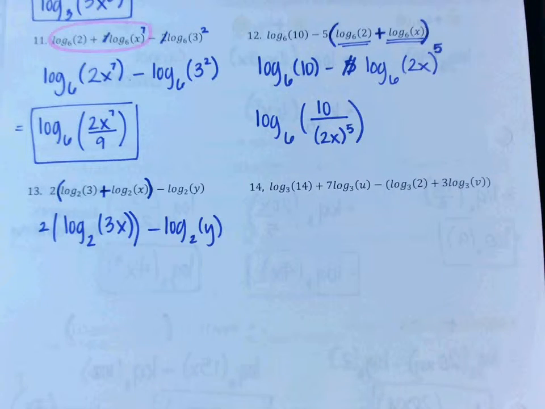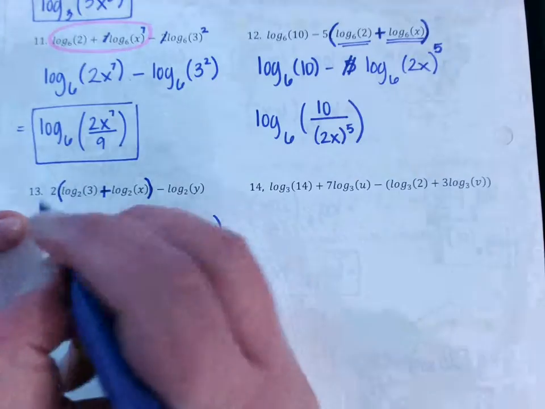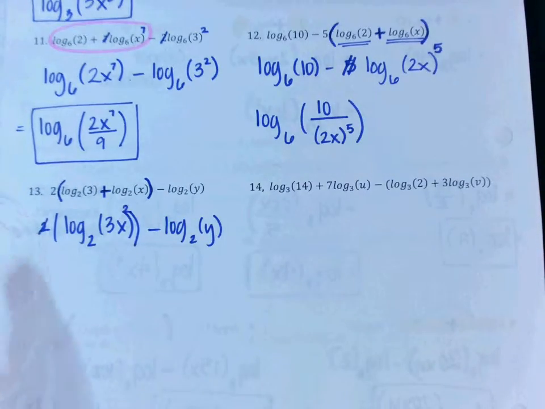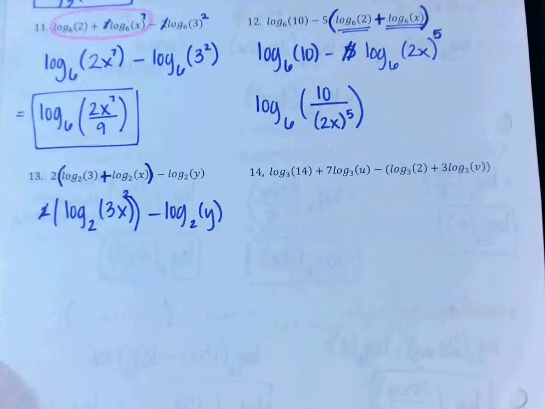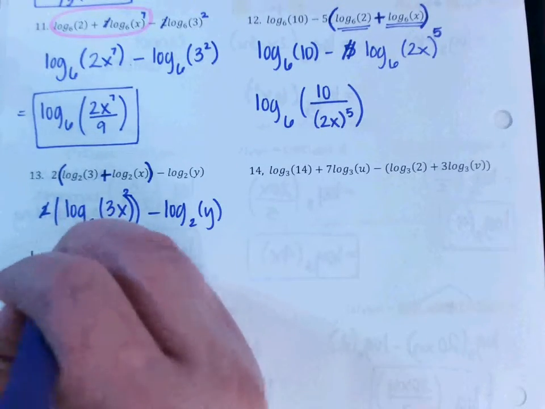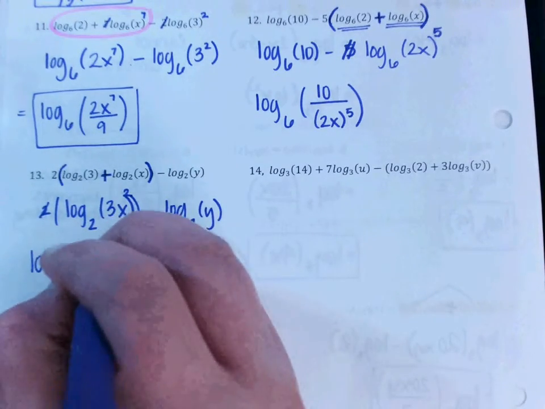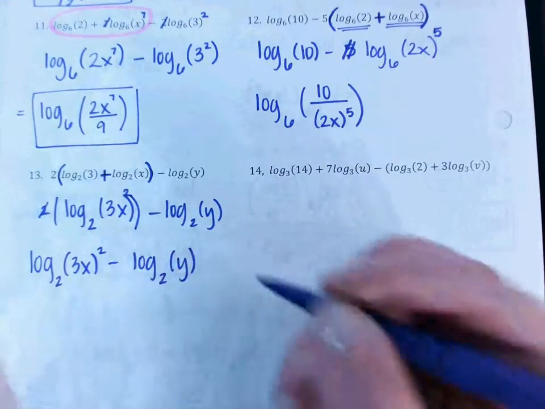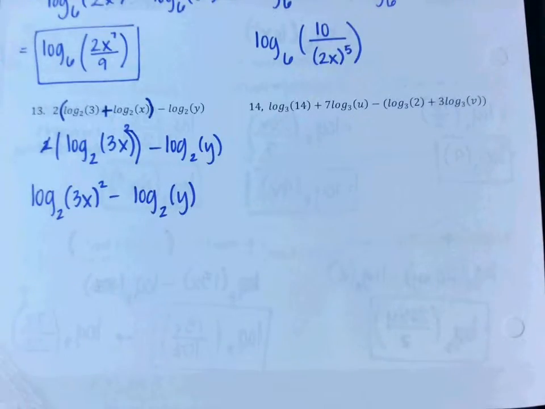Next, I need to move my exponent. So if I have a coefficient here in the front of 2, I can move that up to be a squared. And remember that this squared applies to both the 3 and to the x because they were both inside already. So now I have log little 2 of 3x squared minus log base 2 of y. My last step, now that I have subtraction in the middle, is to divide.